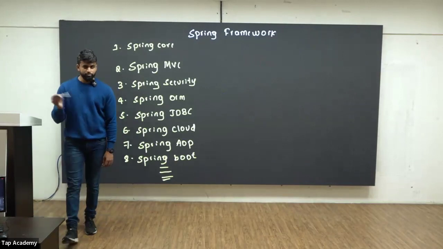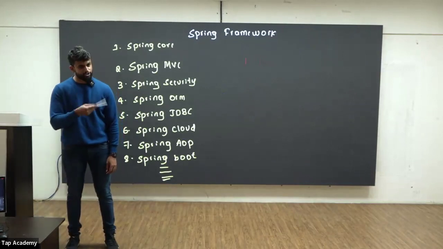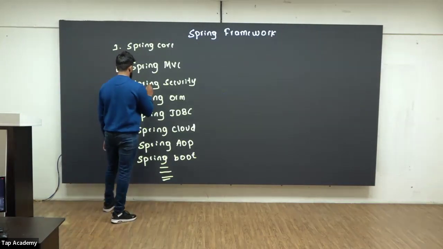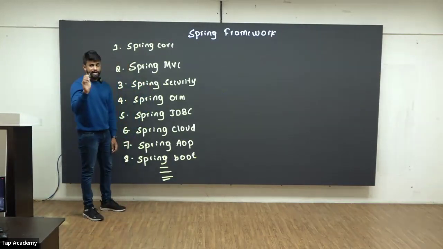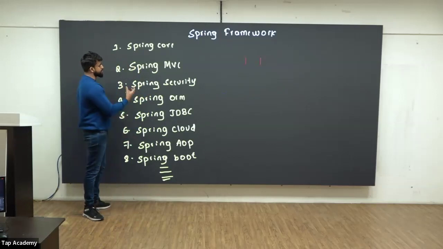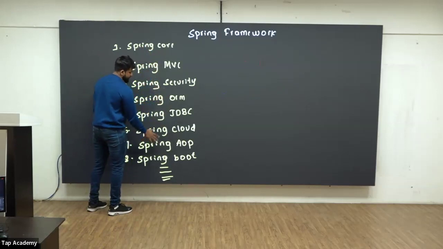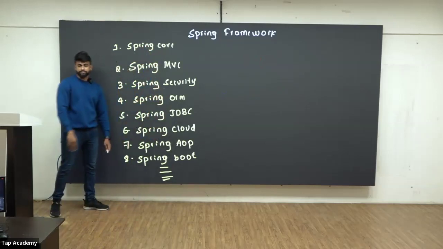Sir, will you teach all of this for me? No problem. Be with me for another 2 years, and I will teach all of this. But all of these things you will be applying in the industry. As a fresher, how many things should you learn? You should know Spring Core, Spring MVC, and some basics of Spring Boot. If you know that, it is more than sufficient.